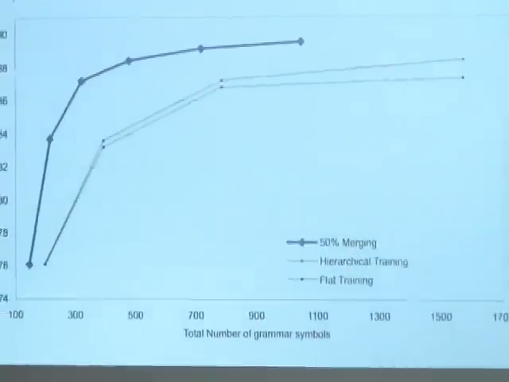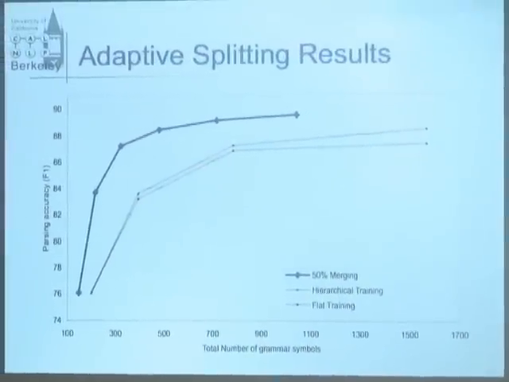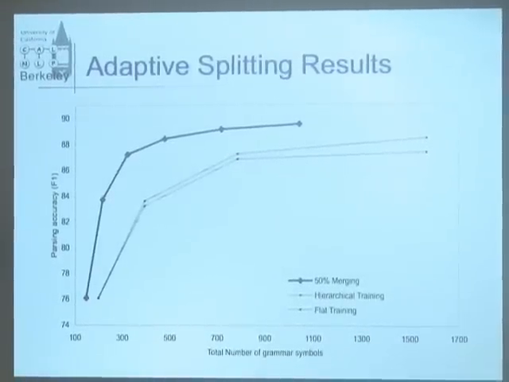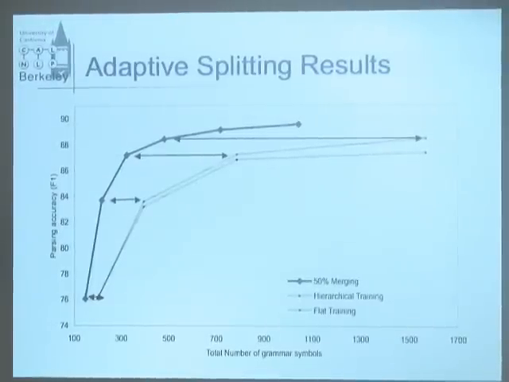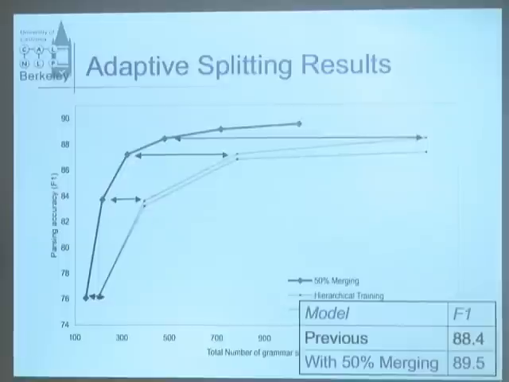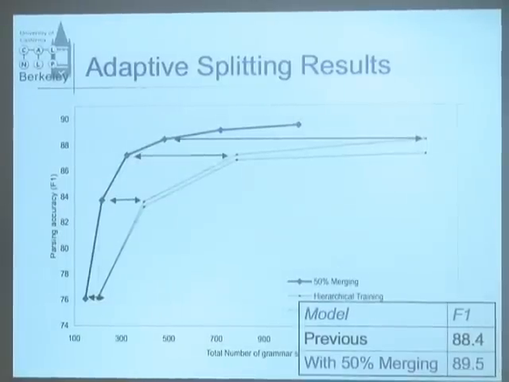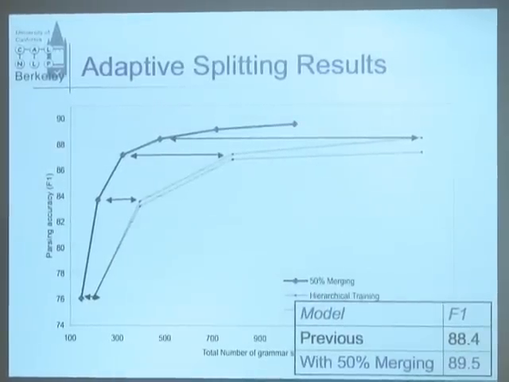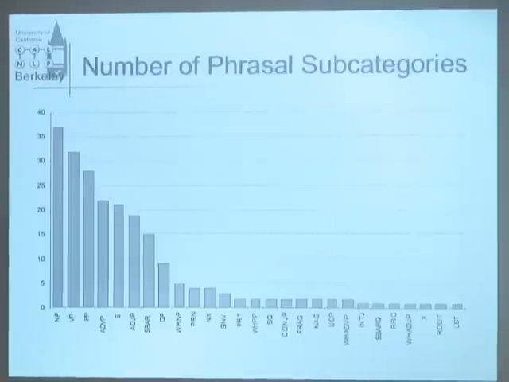Okay. So if we look at parsing performance, if we look at the number of split rounds, we don't lose anything in parsing performance. But what we can do is now do 2 more iterations of splitting, so that some categories get much more refined, and this improves parsing performance by another %. However, what you might now start worrying about is that at this point we split some categories into up to 64 subcategories.